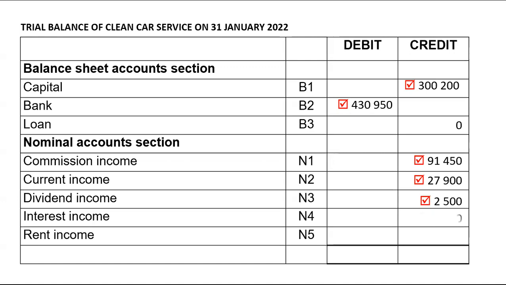Interest income, it will be 1,500, and rent income will be 7,400. Total the debit side, it will give you 430,950. Total the credit side, it will give you the same amount. If it does not balance, please note that you have made a mistake. So you need to correct that mistake.